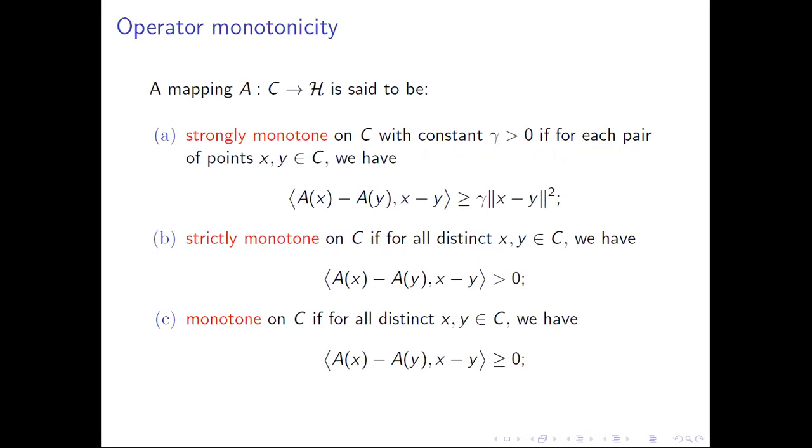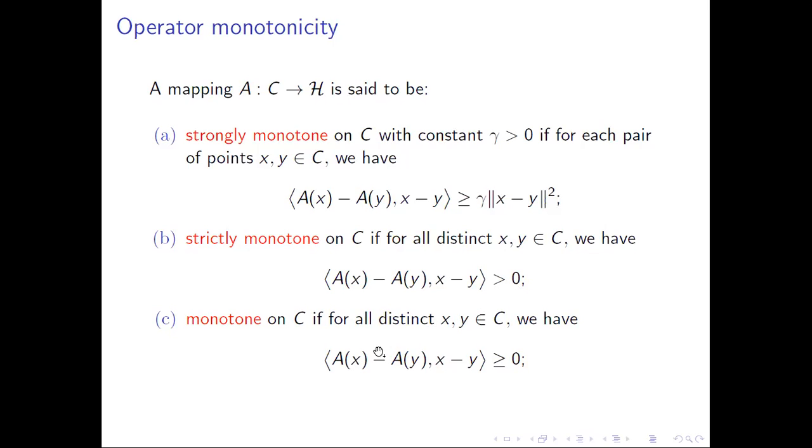Next we have a definition of operator monotonicity. A mapping is said to be strongly monotone for some positive constant if for every x, y this inequality holds. Strictly monotone if this inequality is strictly greater than 0.